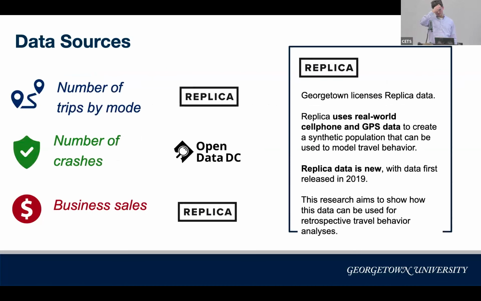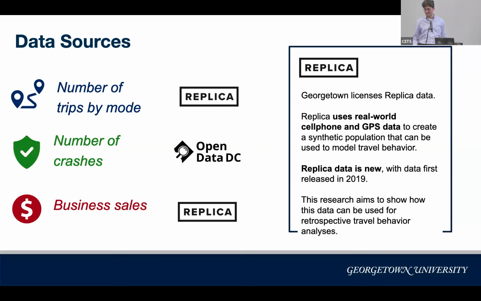Quickly, data. I used Replica data for most of this, minus crash data, which came from DC Open Data. Georgetown has licensed Replica data to us, which is very exciting. It's entirely new data.